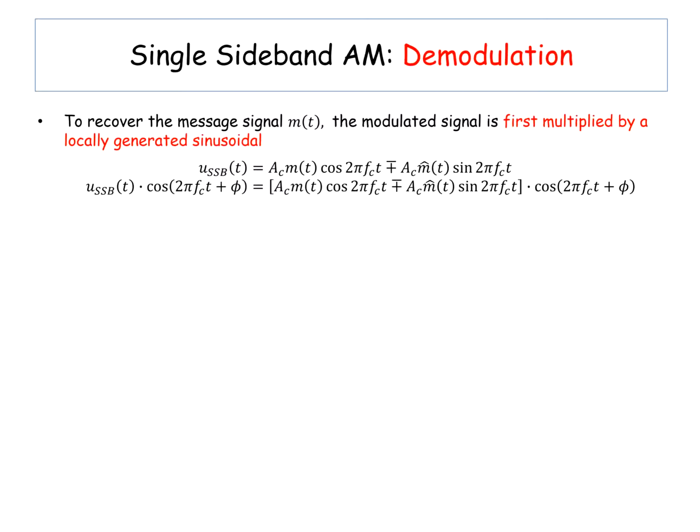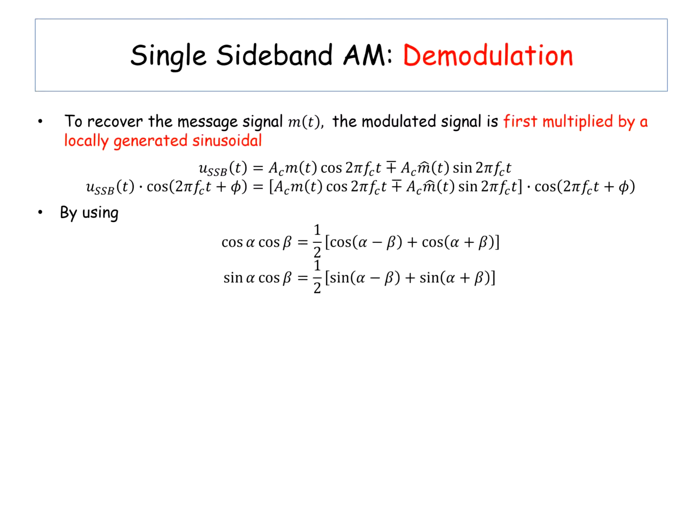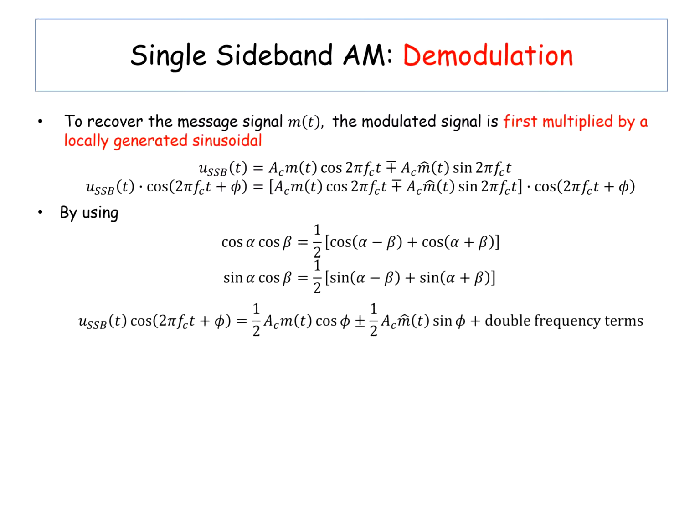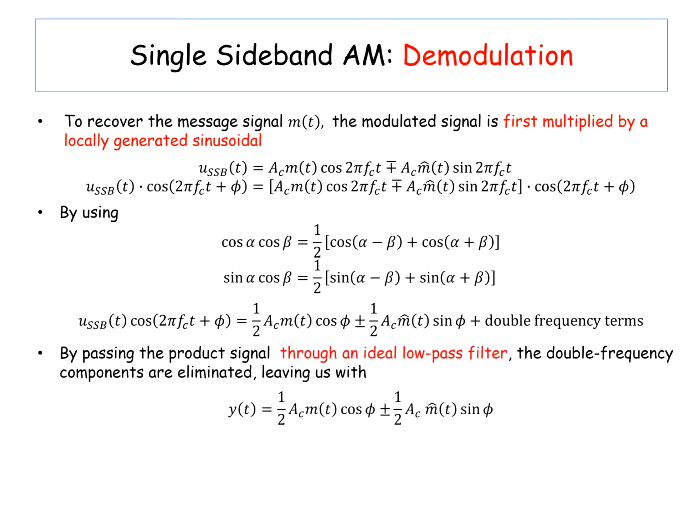Then, by employing the identities, the multiplied signal is rewritten. The resulting signal is then passed through an ideal low-pass filter to eliminate the double frequency components. By considering the carrier phase, the output signal can be updated.